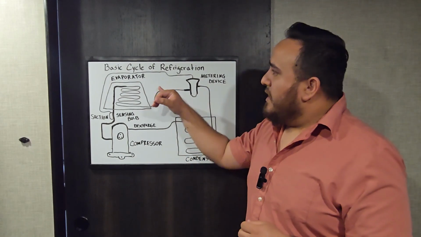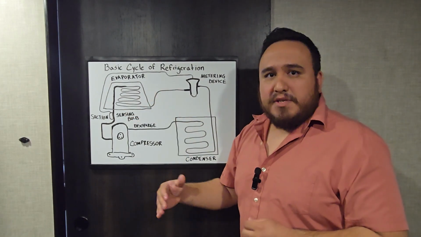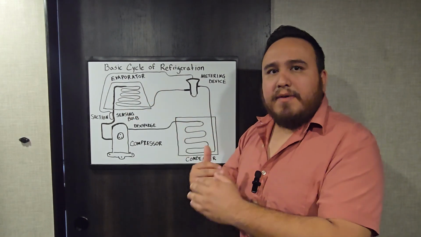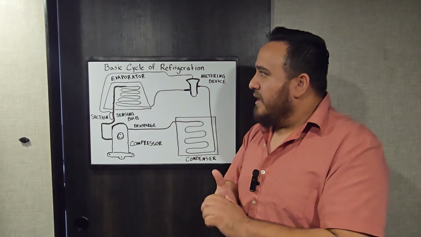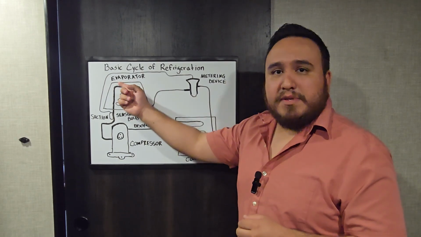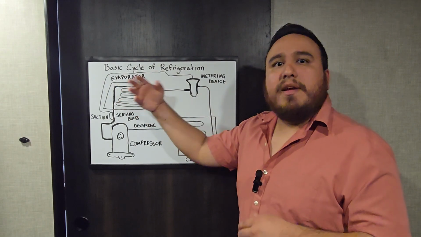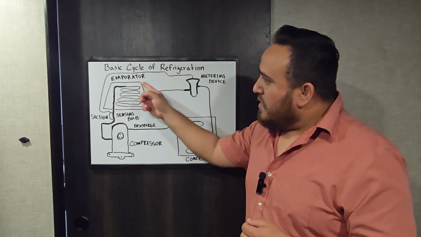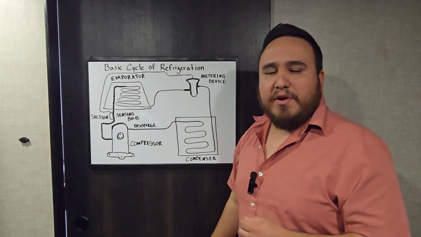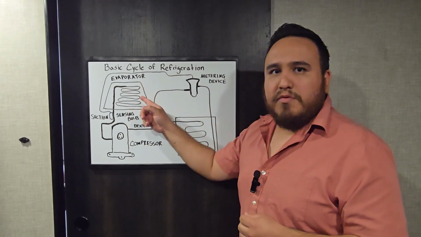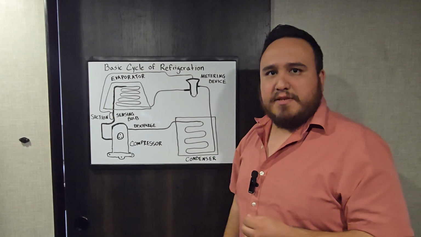And as it's traveling into my evaporator, just like I mentioned before, there is another change of state. Now, what happens to water when it boils? It evaporates, right? So that's why this component right here is known as my evaporator. This coil will be found inside of your AC system.